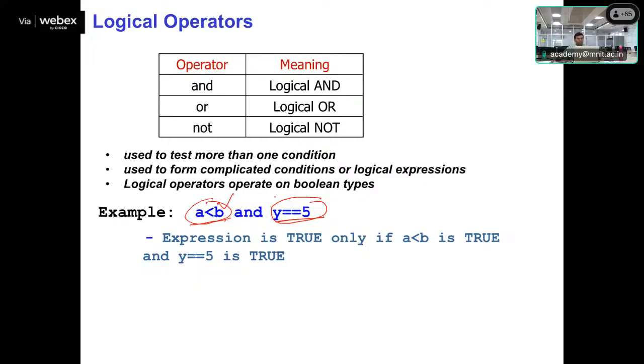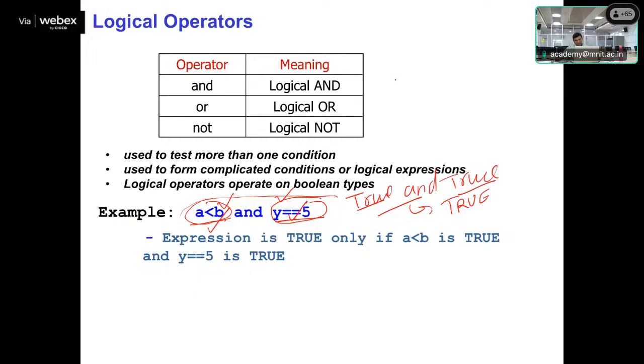If both conditions are satisfied, then this condition becomes satisfied. So in this case, A less than B is true, and Y equal to 5 is also true. This is a boolean outcome and this is a boolean outcome, so our resultant should also be true.